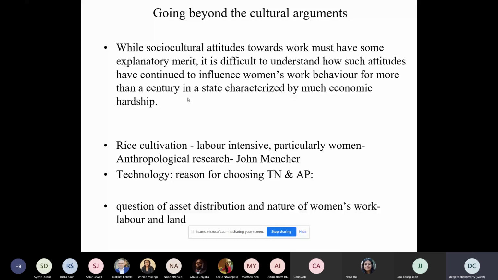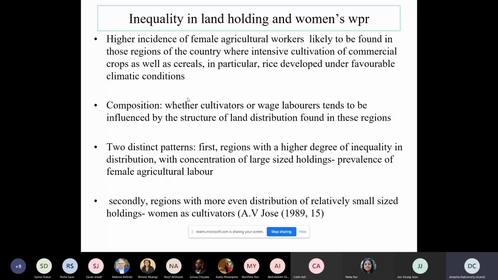What is the most important asset in the rural areas of India or, say, South Asia? Apart from labor, it is land. So I decided to start looking at the question of landholding pattern and the relationship of women's work and landholding pattern in different parts of India through the secondary literature, basically.